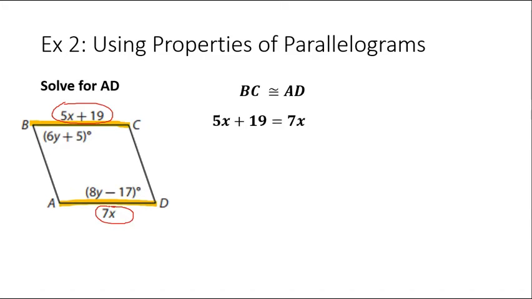So we set up 5x plus 19 equals 7x. So what I do next is subtract 5x. Move this over here. So I get 2x equals 19. And then I divide by 2 on both sides.